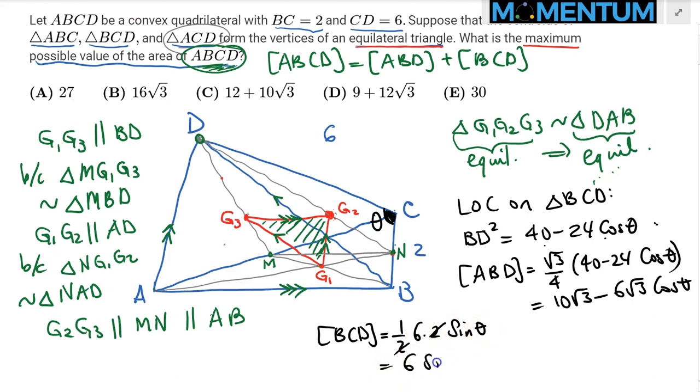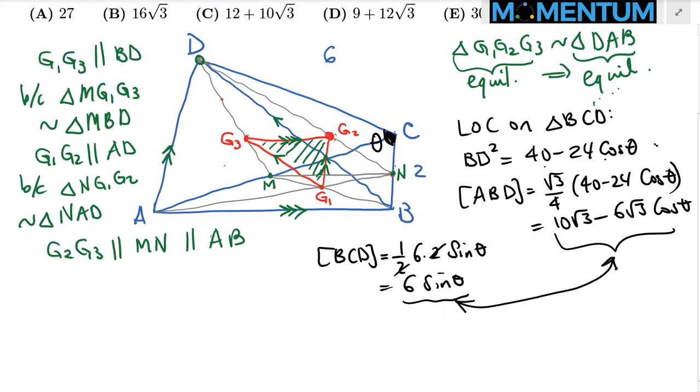And now we can go ahead and add these two quantities, and that's the sum that we want to optimize, and our choice variable is theta basically. So maximize by choosing theta, 10 root 3 plus 6 sine of theta minus 6 root 3 cosine of angle theta.